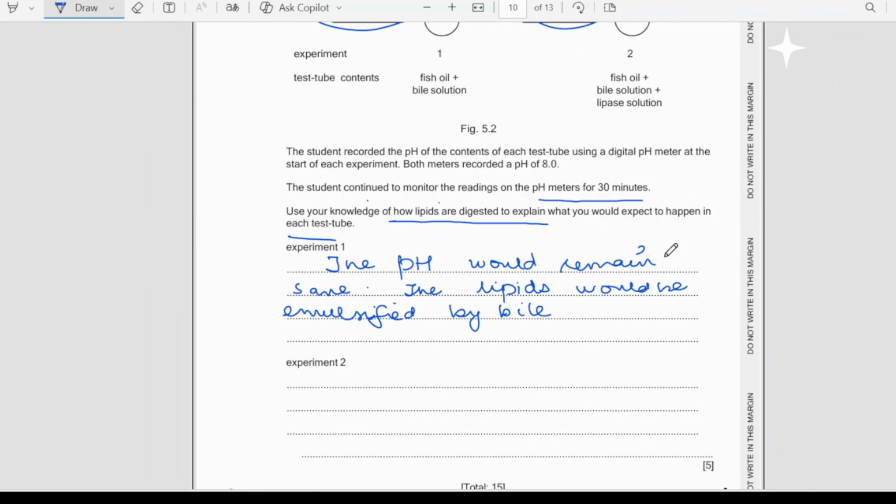No chemical digestion. What is the purpose of physical digestion? Good. So let's write it, since we do not have any other point. So there is increased surface area. So nothing happens. What would happen in 2?